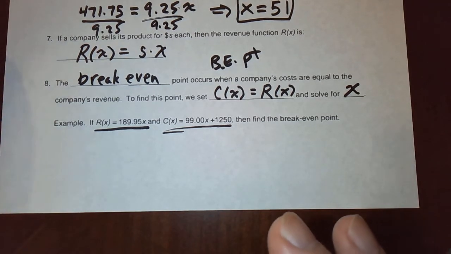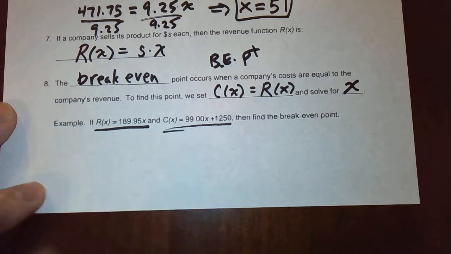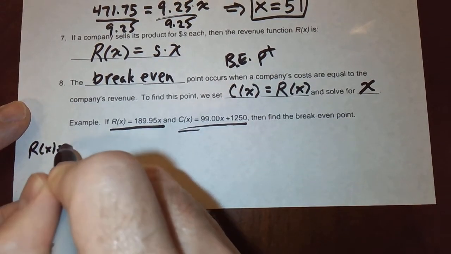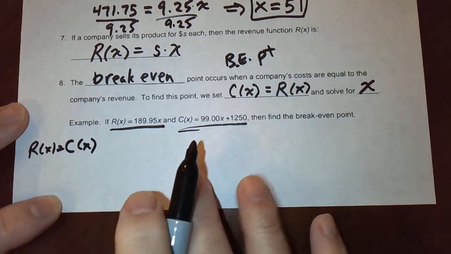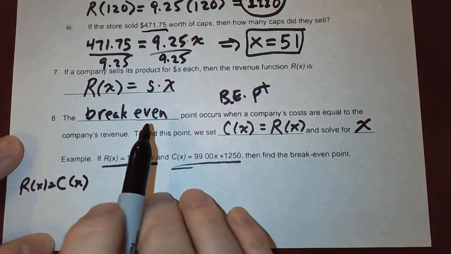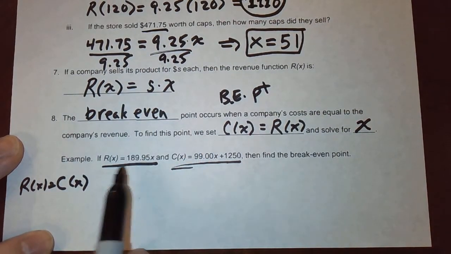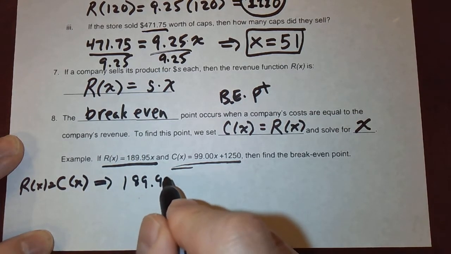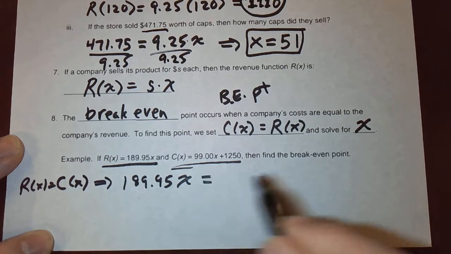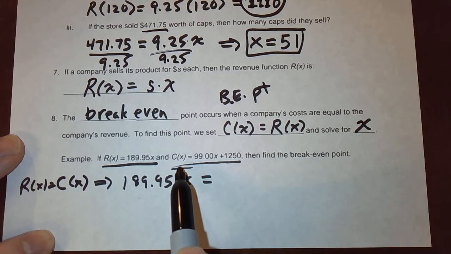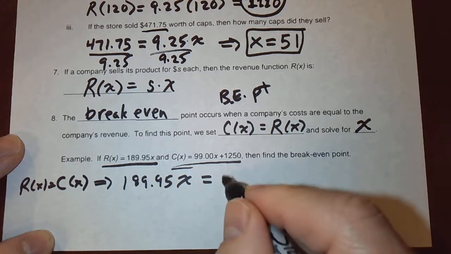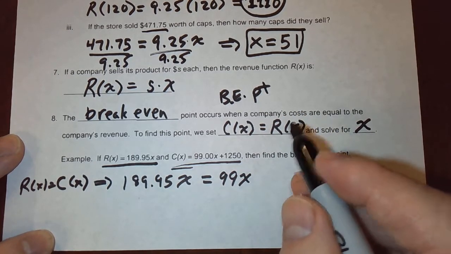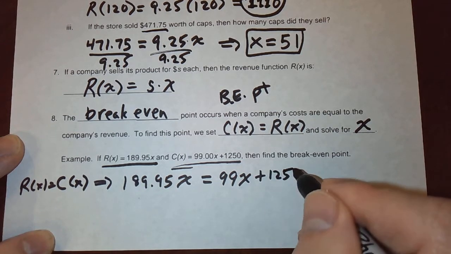So all we do is set R of x equal to C of x. So R of x, 189.95x, equals the cost function, C of x, which is 99x, I'll leave off the .00, plus 1250.